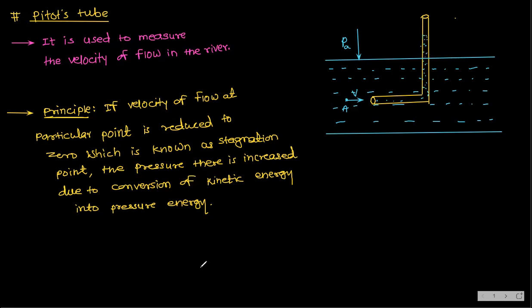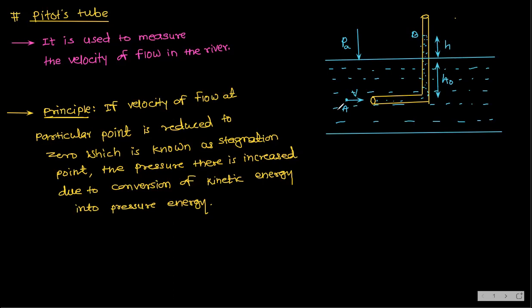Let us assume that the water rises till height H, and inside water, whatever this height is there, let us assume that it is H naught. So now let us assume that this is point B and this is point A.